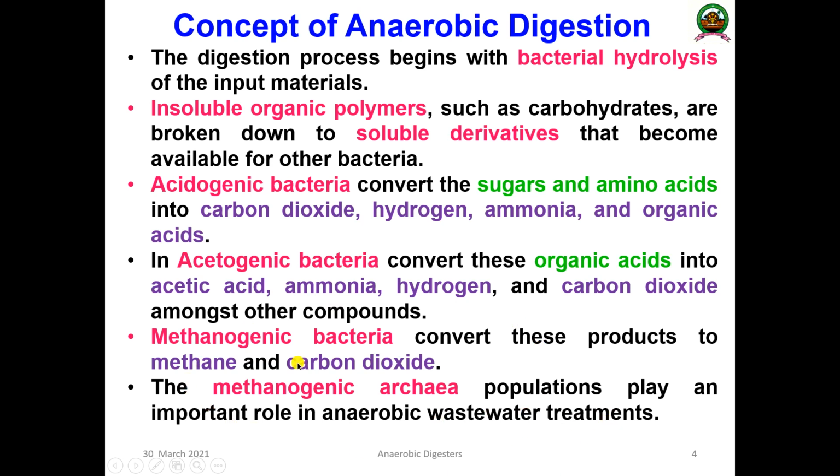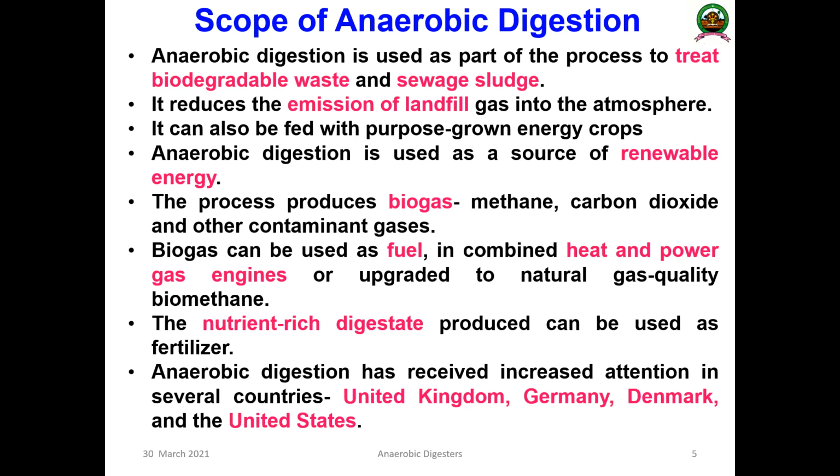So this is just an overview. The hydrolytic bacteria, acidogenic bacteria and methanogenic bacteria are the major organisms that play a very vital role in the anaerobic system.